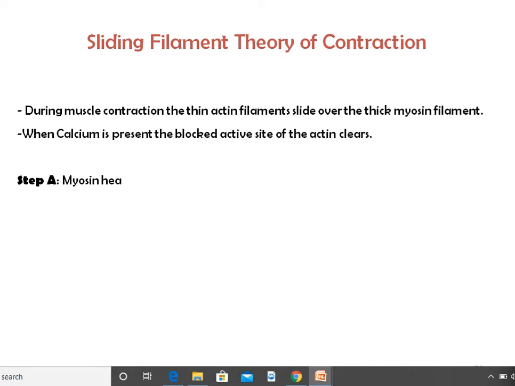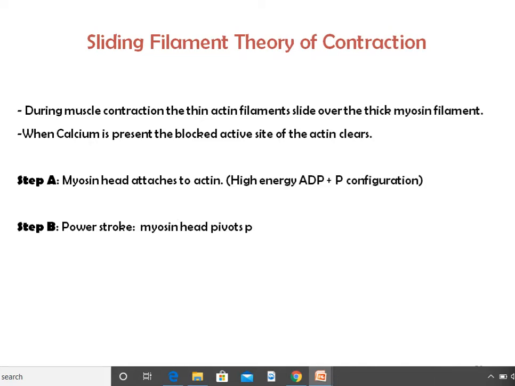Now step 1, or step A, is the myosin head attached to the actin, which is a higher energy ADP plus phosphate configuration. Step B is the power stroke, where the myosin head pivots, pulling the actin filament towards the center.